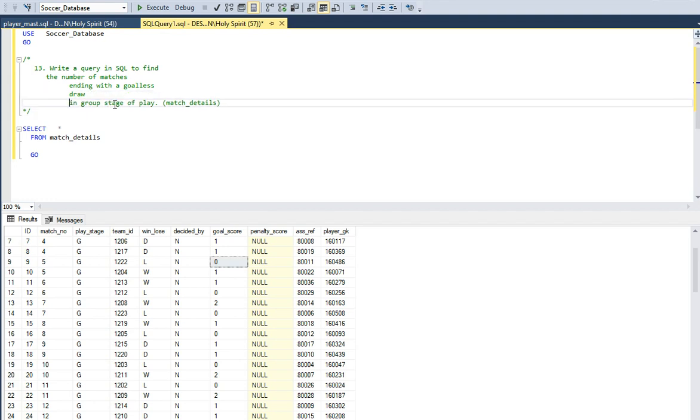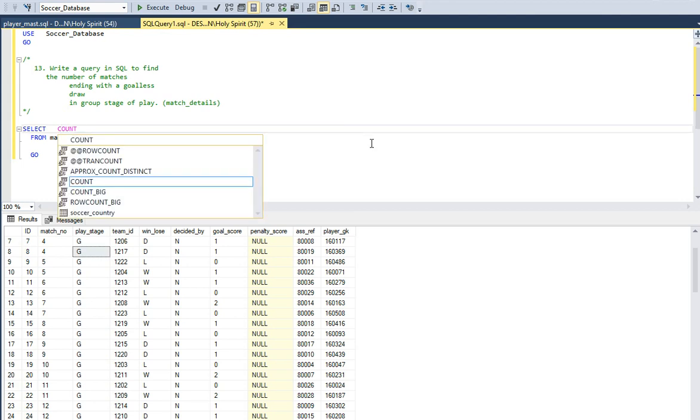And in group stage of play, stage, it has to be G. So here we have 3 conditions, and we have to count, right, the number of matches. To write a query is equal to find the number of matches, count.